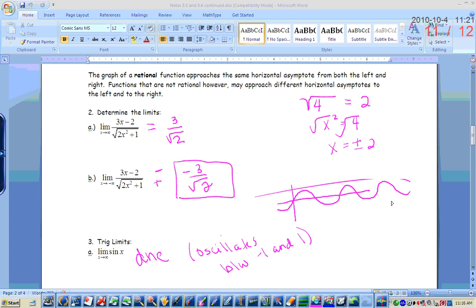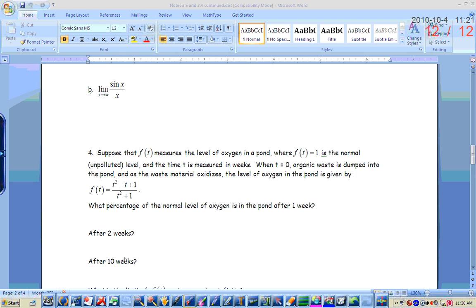No, it's not wildly oscillating. It's just oscillating. Right. It's because your y values are not approaching one specific number. They keep going back and forth between positive 1 and negative 1.